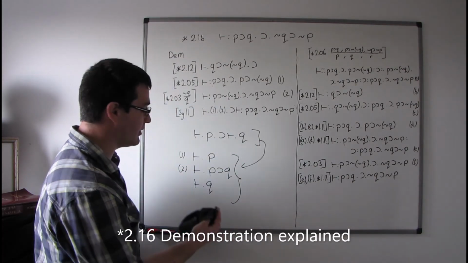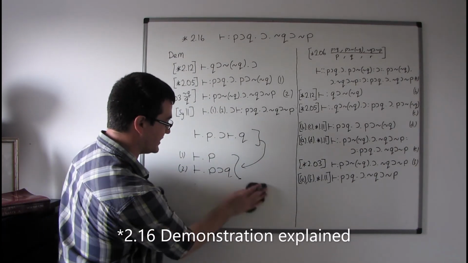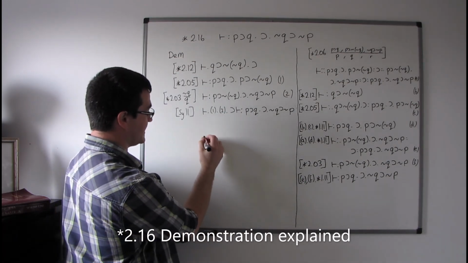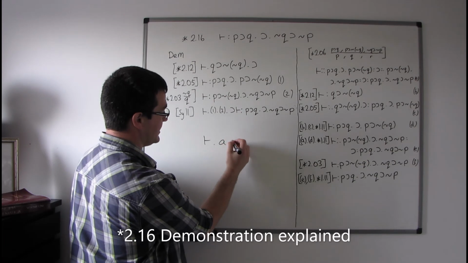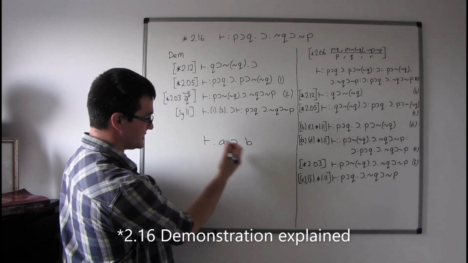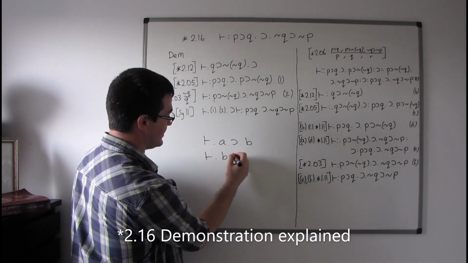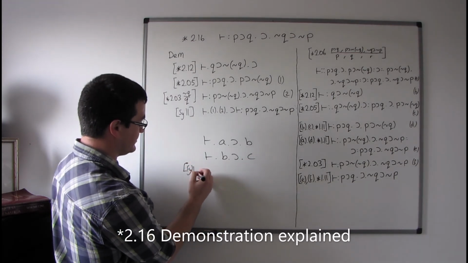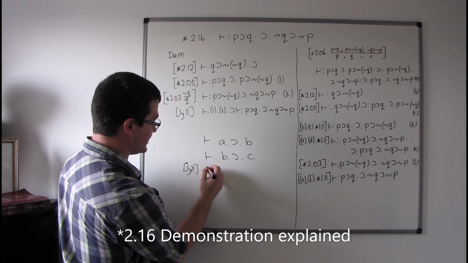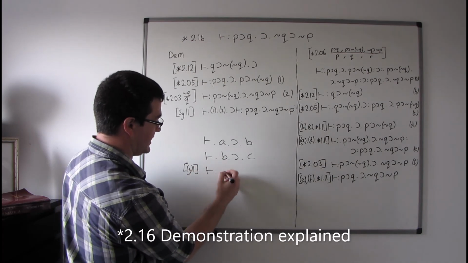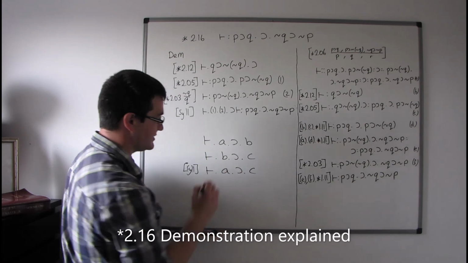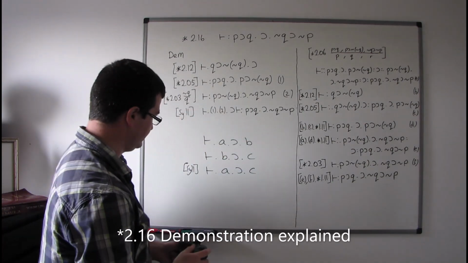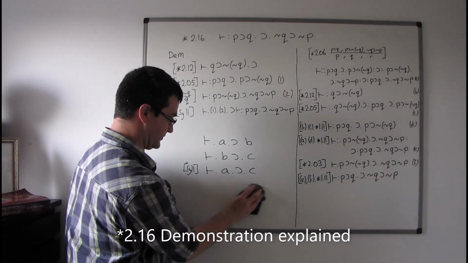So what we're looking at here, when we use a syllogism to make an inference, is we've got something like A implies B is asserted, and B implies C, and then using the syllogism we can assert that A implies C, for instance. And we can also extend this to longer chains if we want to.